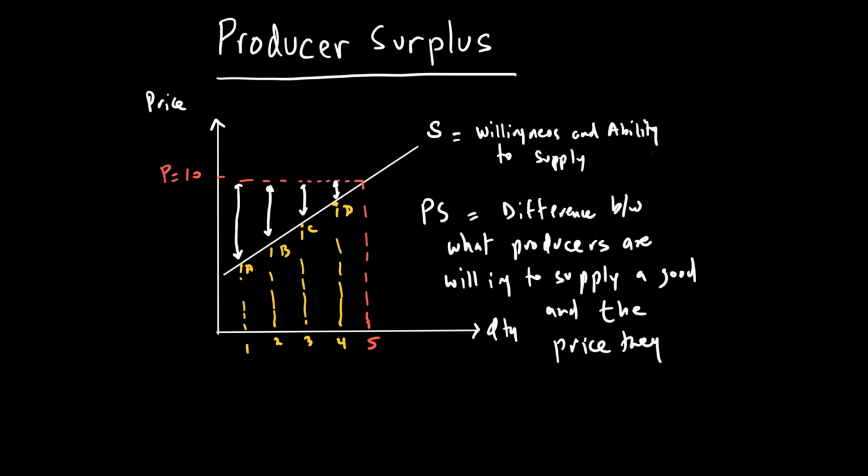So producer surplus is the area under the market price above the supply curve. Just like consumer surplus is the area below the demand curve above the market price, producer surplus is the area under the market price above the supply curve. And we call this producer's welfare.